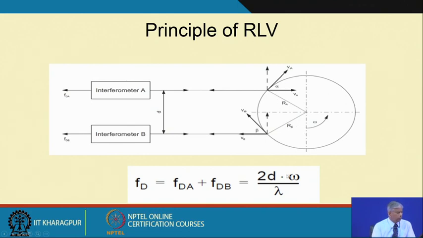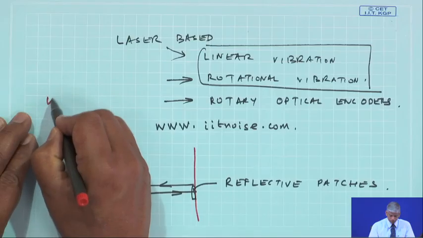By this equation, you will see that the Doppler frequency shift, which is measured in the heterodyne analyzer, is a function of the rotational speed of the shaft, the separation distance and the wavelength of the laser beam. So, anywhere if I shoot two laser beams onto the rotating shaft, I can find out this omega.